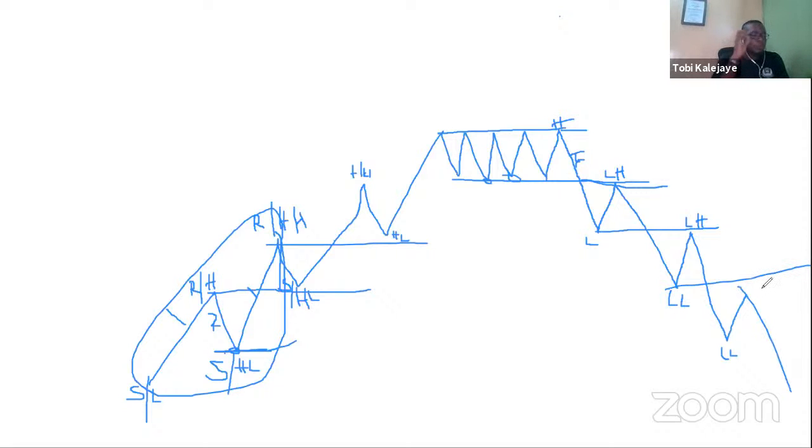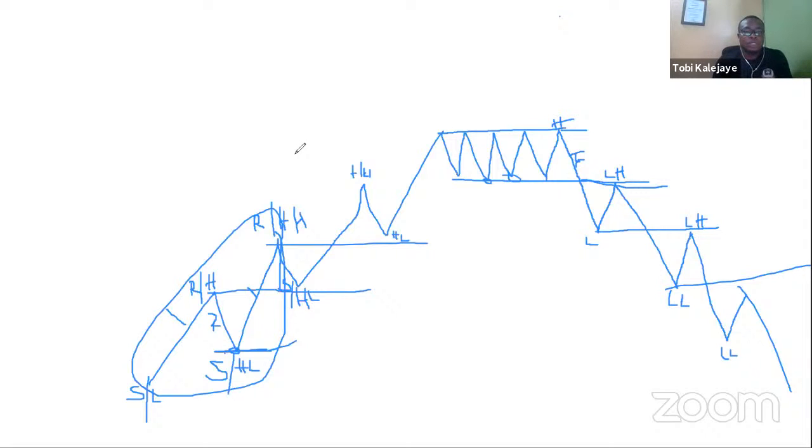And I'll show you, you're going to see that price is consistently always moving in these dimensions. There are no other alternative dimensions for price to move. Price would always continue to move in this dimension.